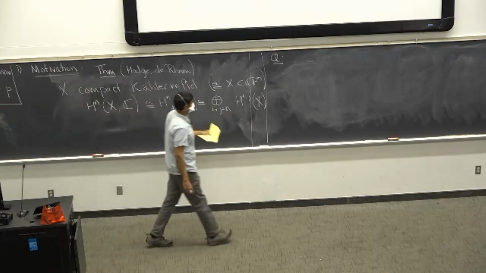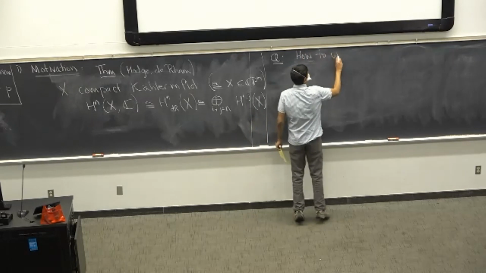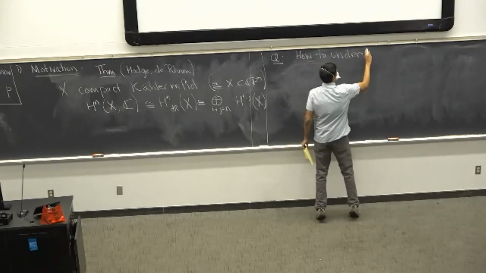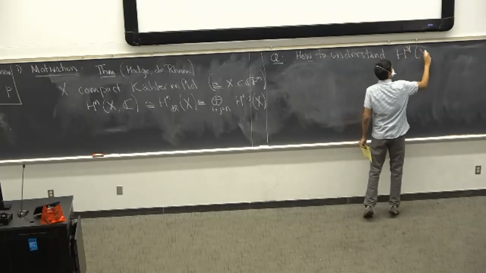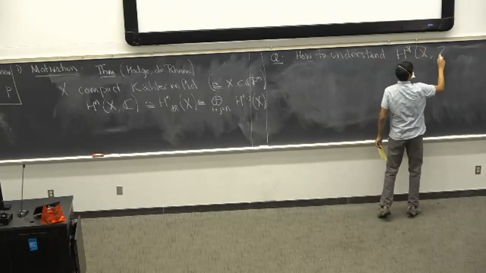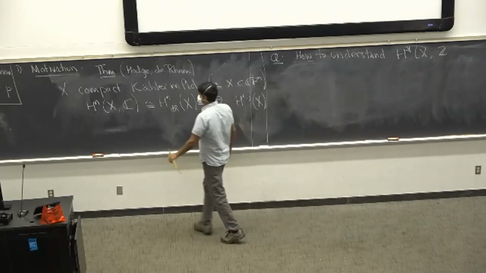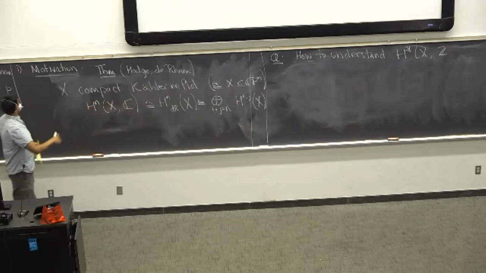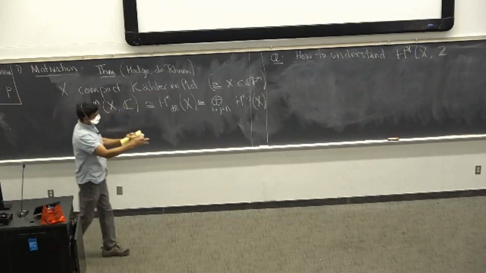And so the question more or less is how to understand the torsion in singular cohomology geometrically. And really, if you understand the rational story, then understanding the torsion story is more or less the same as understanding the p-primary part of it.